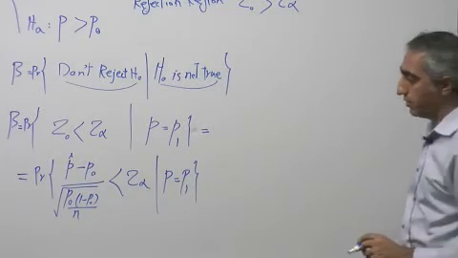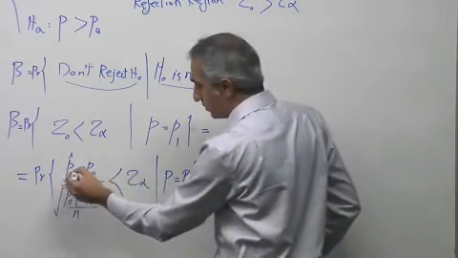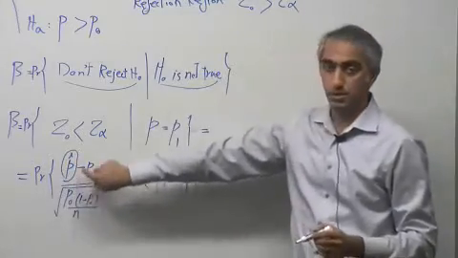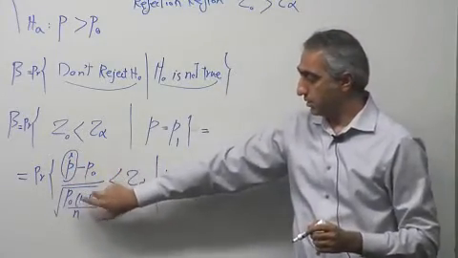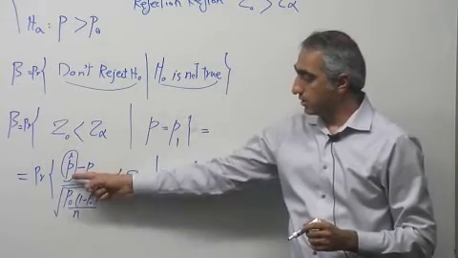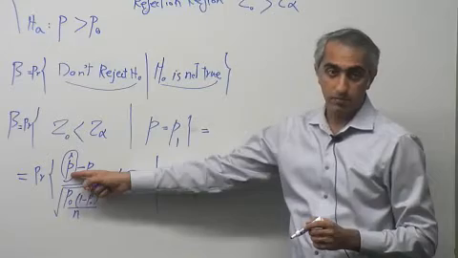So I want to just keep this one here, and the rest are known. Okay? And I want to calculate this probability, and I know that this is the only random variable that I have.